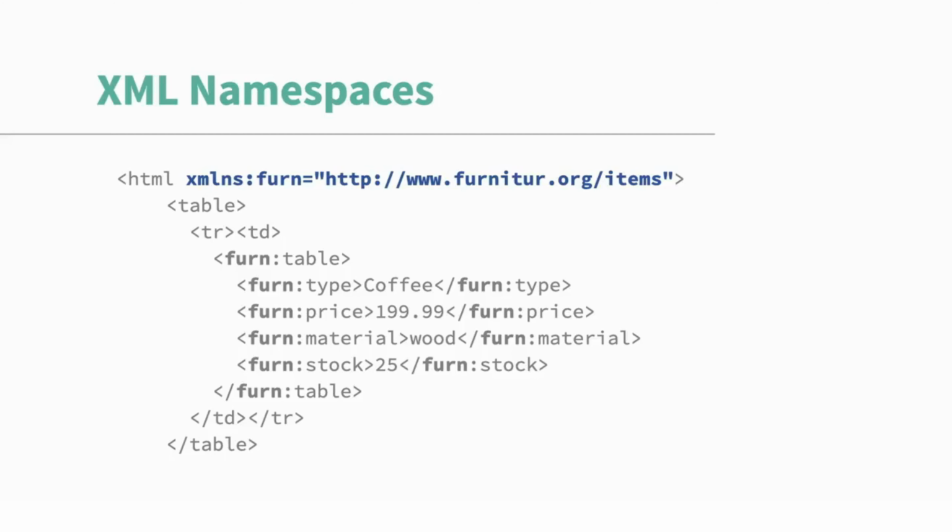So now, when the browser comes across a tag that has the furn prefix in front of it, it's going to say, oh, okay, well, I don't know what this is, but it's a well-formed tag and it's embedded in my content and I'll parse it, but I'm not going to try to interpret it or figure out what to do with it. It uses this word table, but it's got this prefix, so it's not an HTML table, so I don't have to worry about it. So this is how XML namespaces are used so that you can combine data from disparate sources without having to worry about tag name collisions.